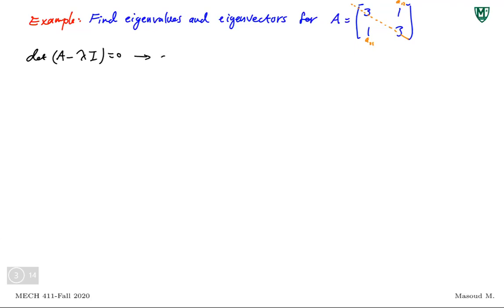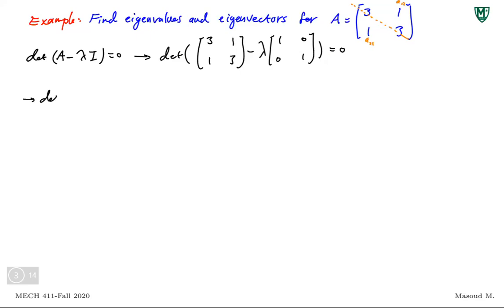Here's what I'm going to do. Determinant of A, which is [3, 1; 1, 3], minus lambda [1, 0; 0, 1] is equal to 0.